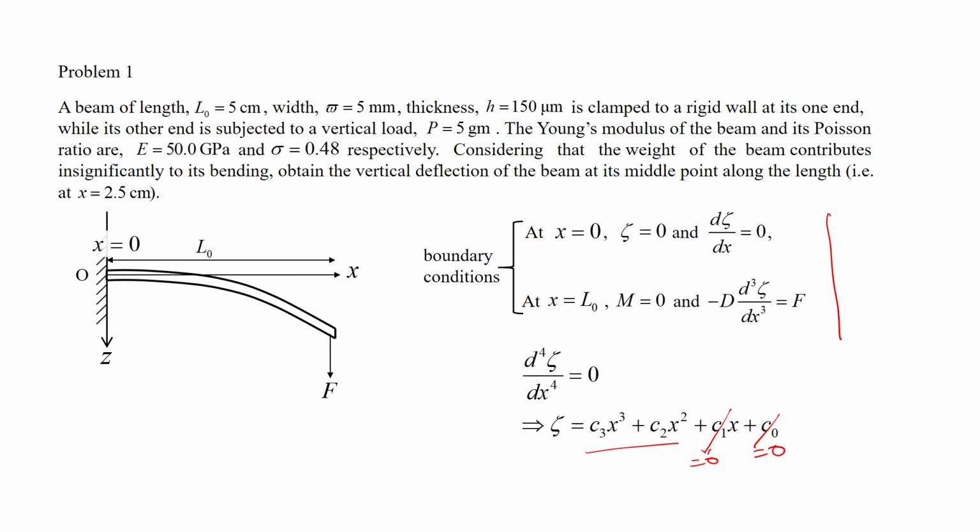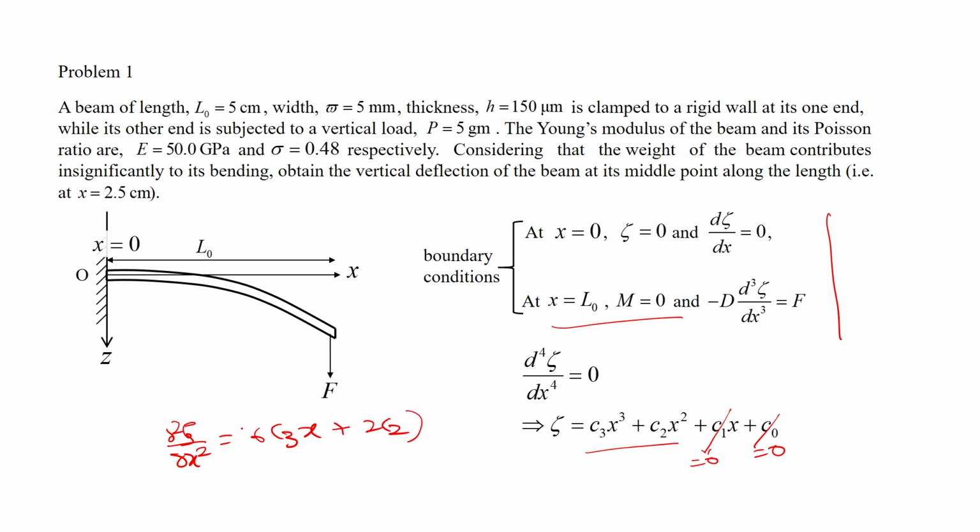So, we are left with two other constants we need to solve, and we will do that from the remaining boundary conditions. Del square zeta by del x square is equal to 6 C3 x plus 2 C2, right, because I am differentiating.